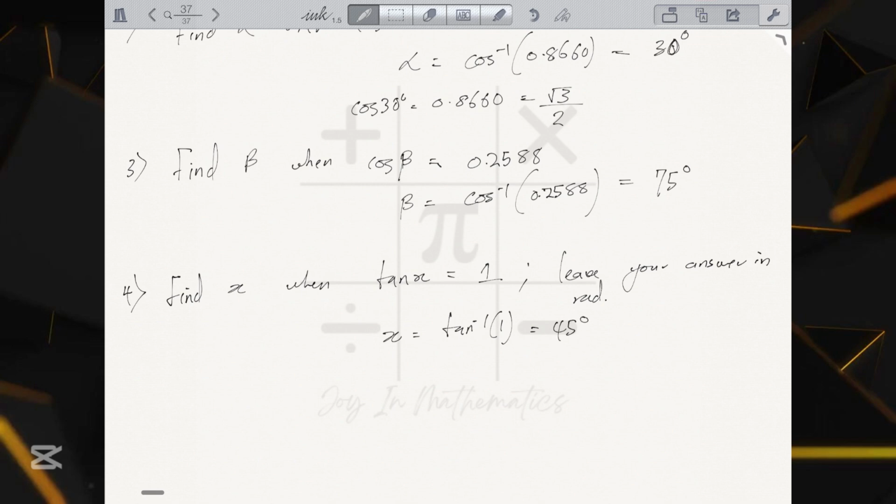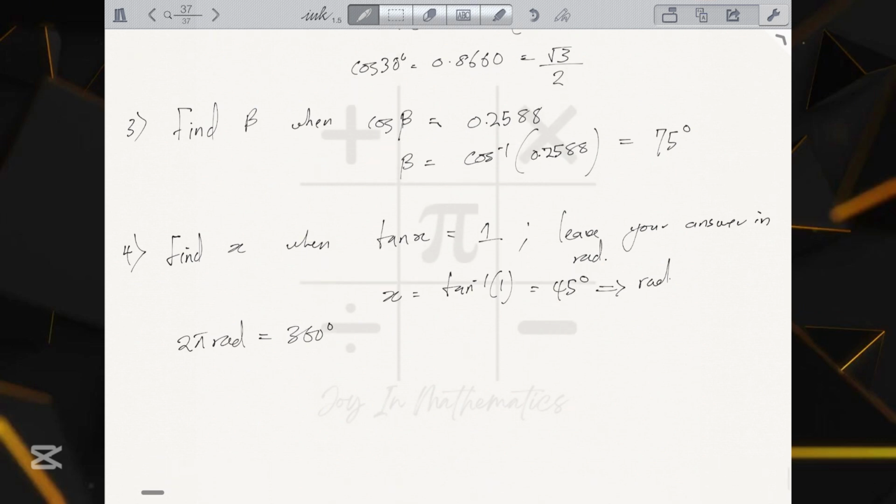Now let's recall back to our first lesson video where we are converting from degrees to radian and from radians to degree. Now remember, we want to convert 45 degrees to radian. Our basis of conversion will be that 2 pi radian is equals to 360 degrees. So we want to find an expression for 1 radian. So that means we're going to divide both sides by 2 pi.